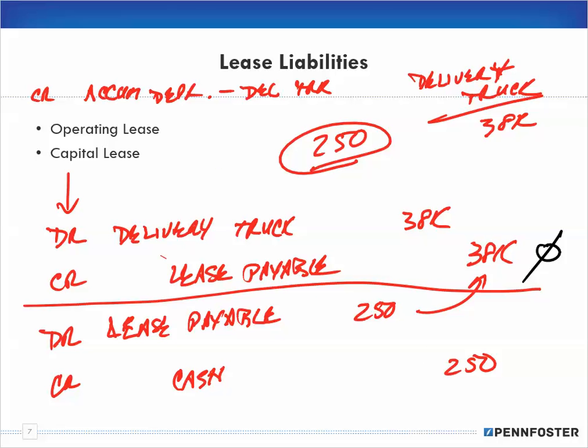And so that's all there really is to lease liabilities. Nothing more than that. The big difference is, when we have a lease, we're asking ourselves, which one is it? Is it going to be for the use of the business, in order to generate revenue? In that case, every time we make the payment, we're making it just as if it was any other journal entry for an expense.